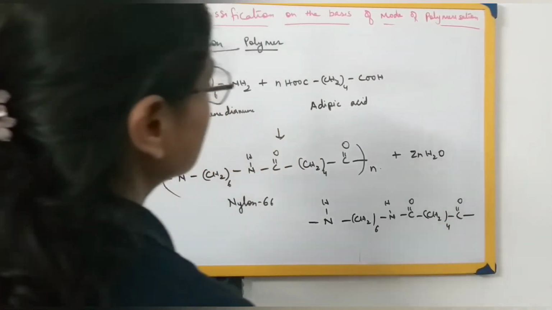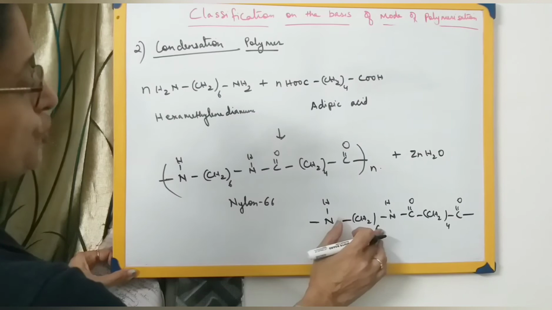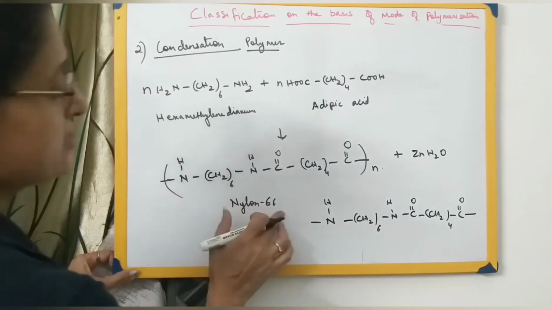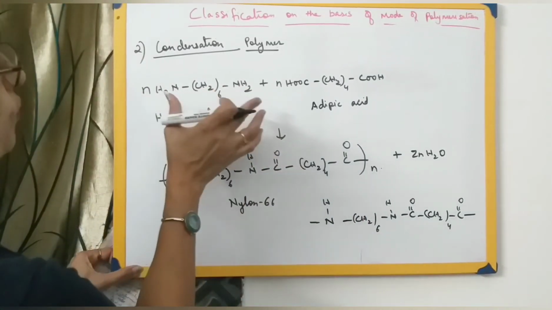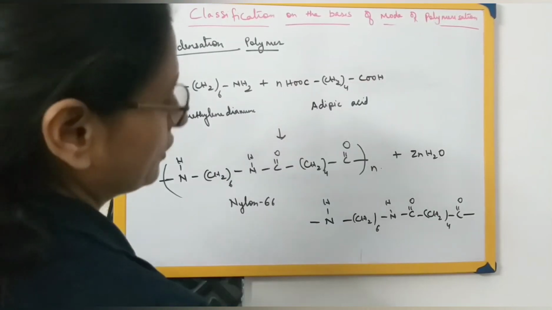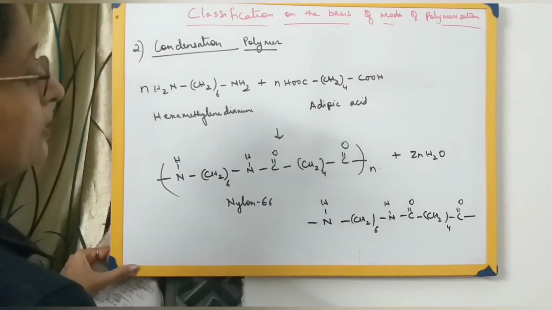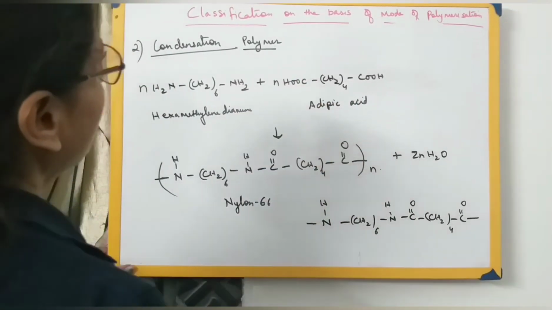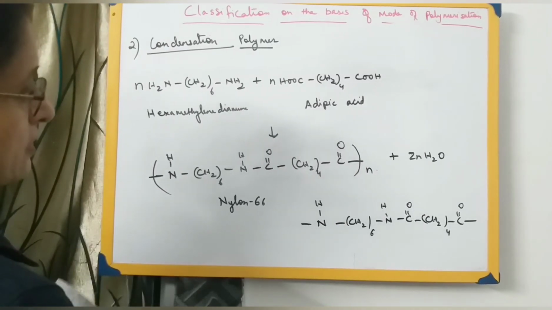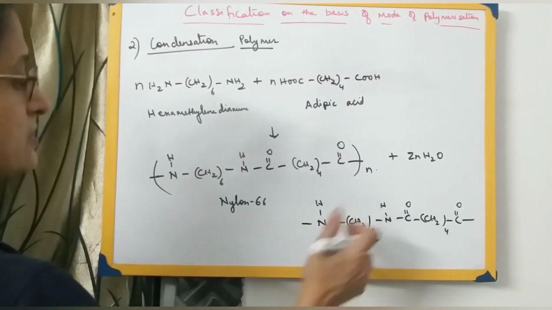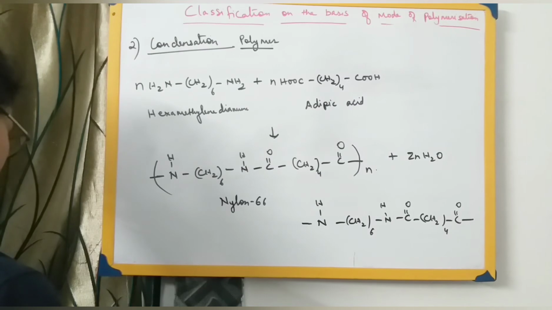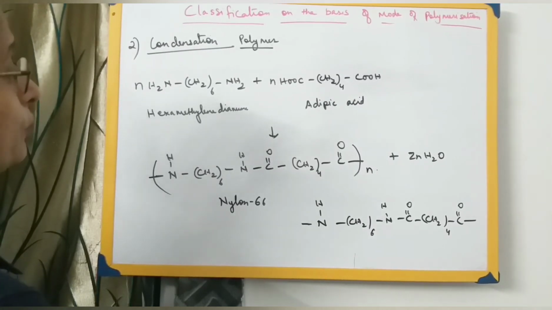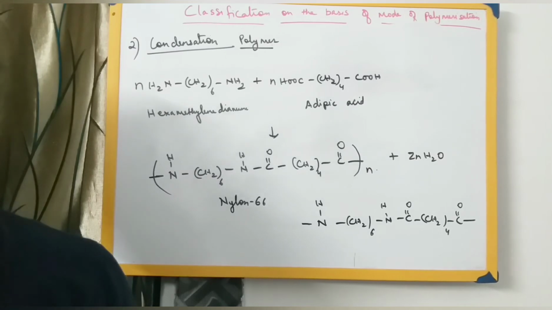This is the repeat unit for this nylon 66, and these are the two monomers, one over here, another over here. So the repeat unit is not the same as the monomer units. Both the monomers are different, as well as the repeat unit. Such polymers are called condensation polymers.